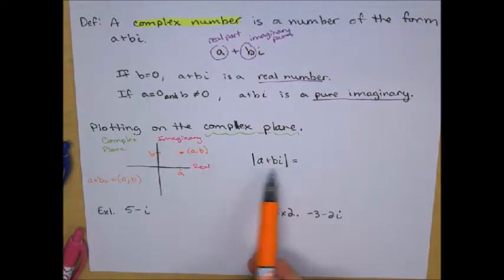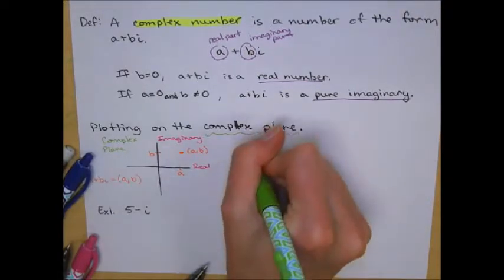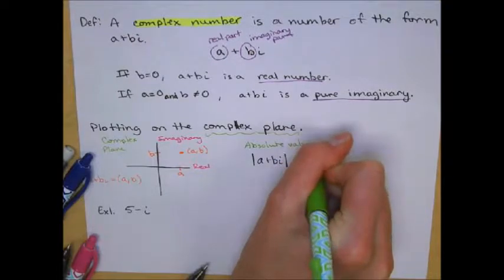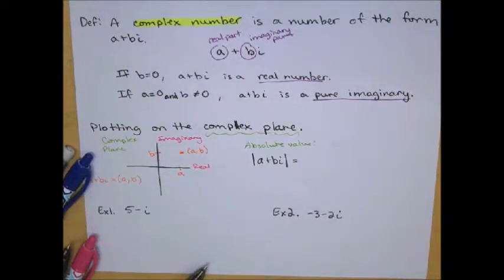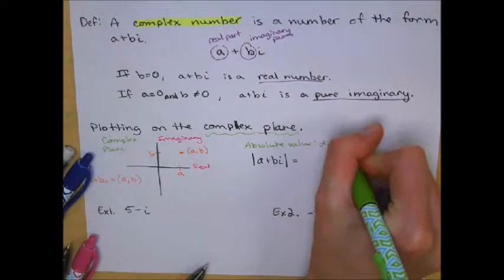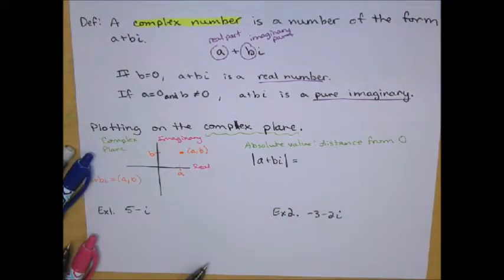We recognize these as the absolute value. When I'm looking at the absolute value of a complex number, the definition is the distance from zero.